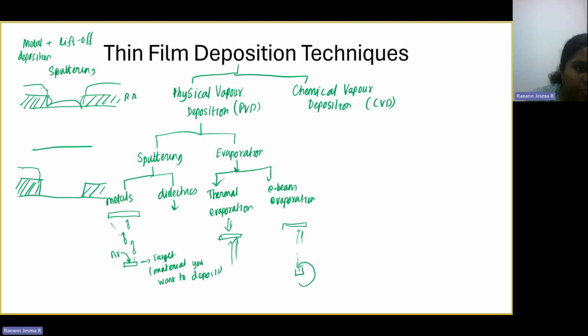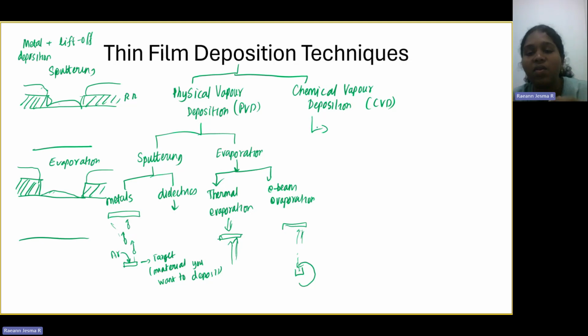Then we also looked at chemical vapor deposition. In chemical vapor deposition, we make the chemical vapors react to deposit different compounds. There are different types of chemical vapor deposition. One is LPCVD, APCVD, and PECVD.